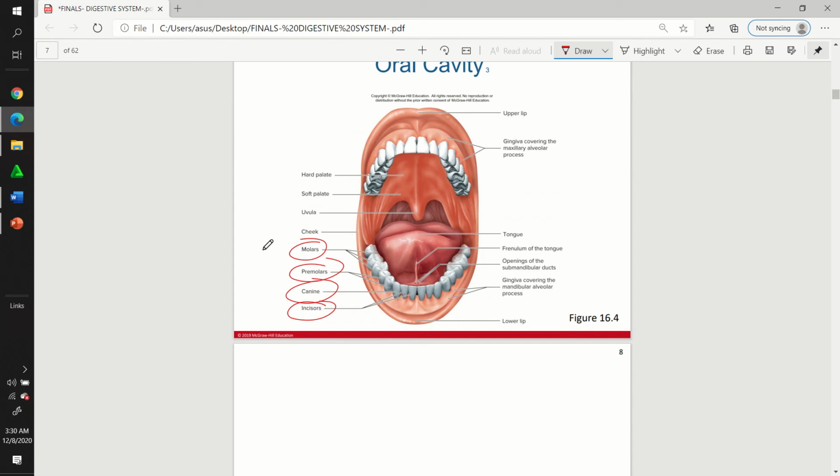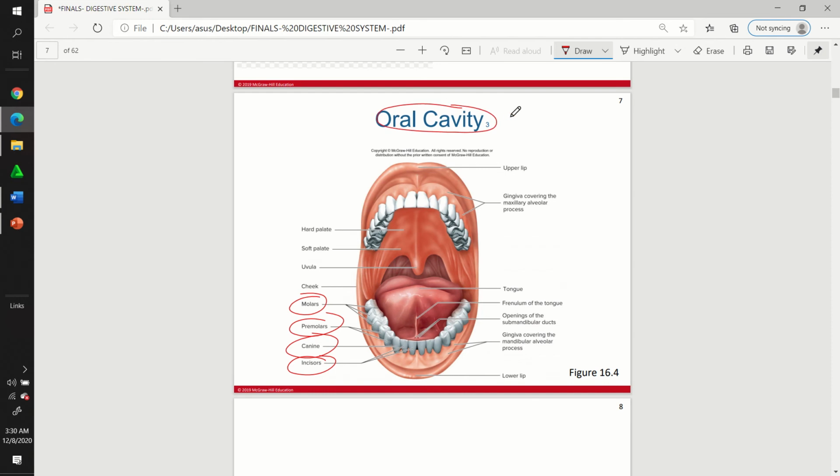So digestion starts in the oral cavity, wherein your chewing, mastication, and salivation take place.